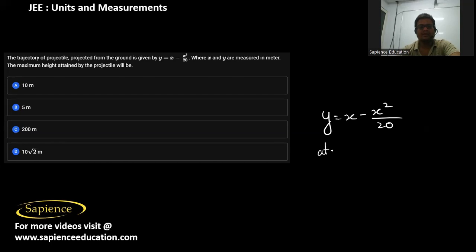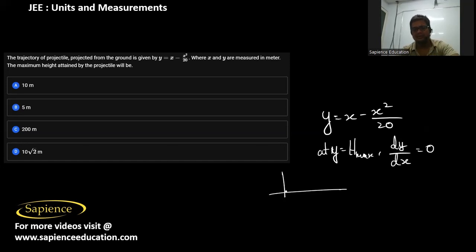So at maximum height, dy by dx will be equal to 0. It means the slope at the highest point is 0, since the tangent is parallel to the x-axis. It means the velocity is parallel to the x-axis.